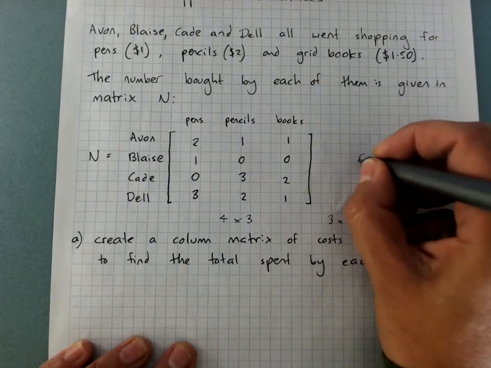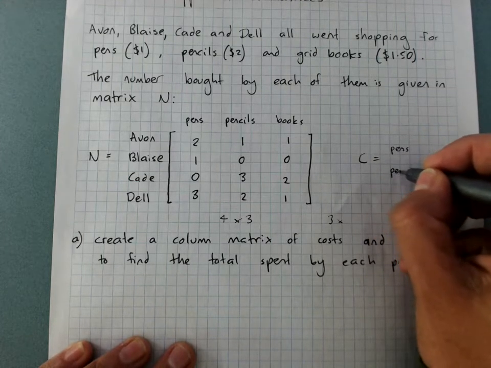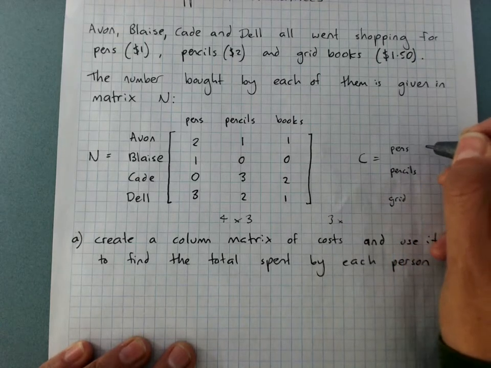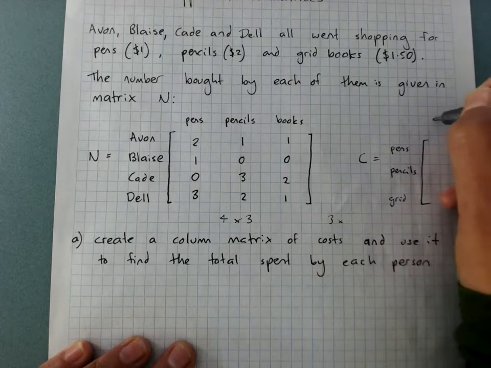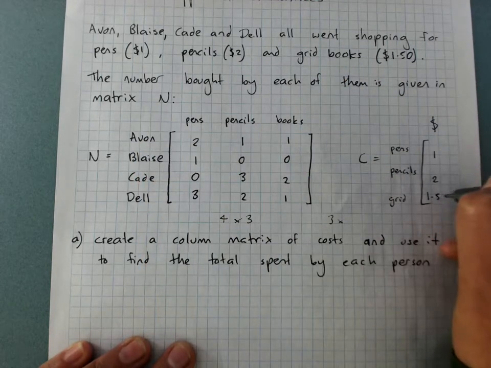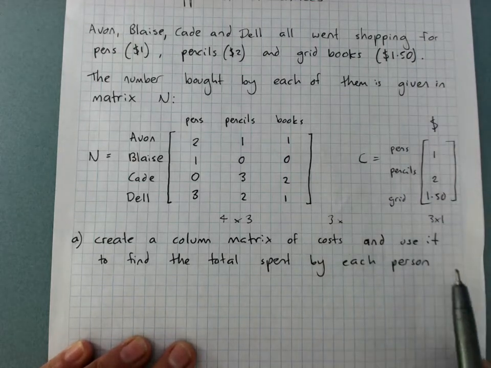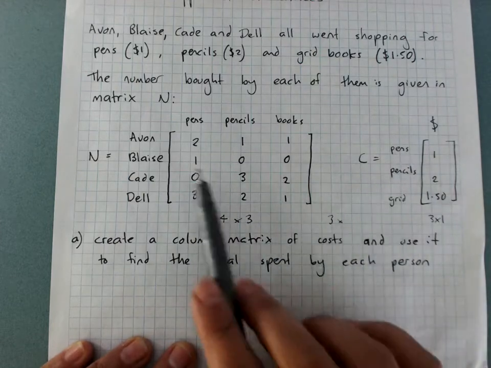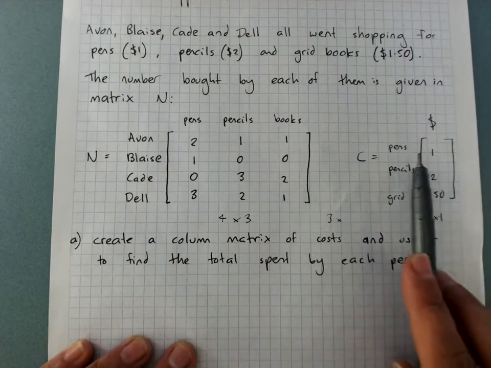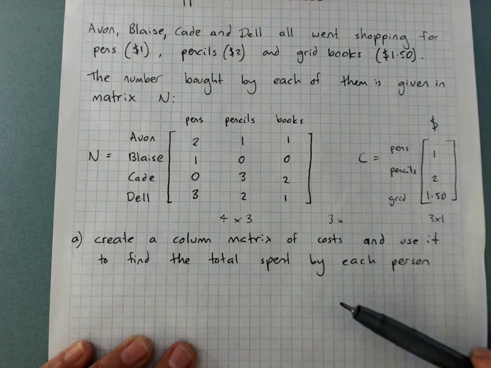So costs, C, of pens, pencils and grid books will be 1, 2 and $1.50. So that's a 3 by 1 matrix, and you can see that we'll be able to multiply row, pens, pencils, books by column, pens, pencils, books, and we'll get an output of the total spent by each person.